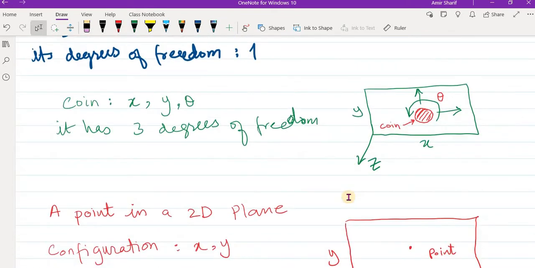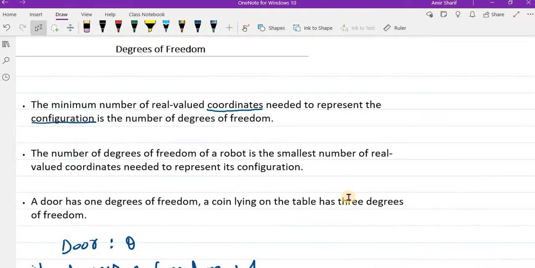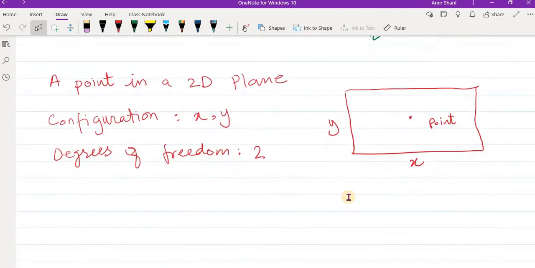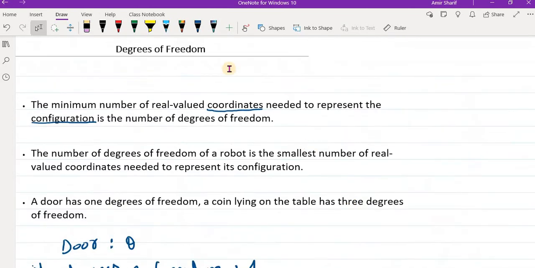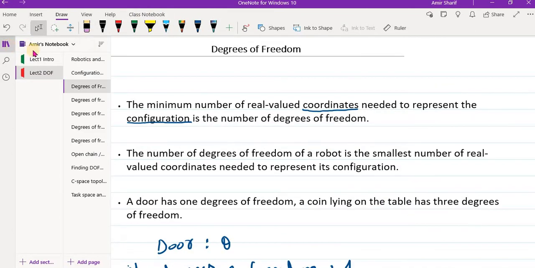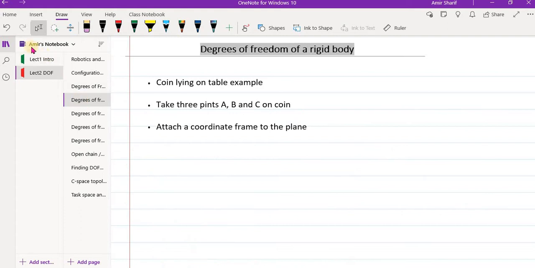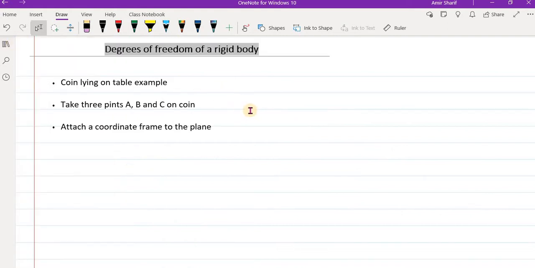So yeah, I hope this is clear. What are the degrees of freedom and how we can calculate it. In the next slides it will become more clear how we can calculate the degrees of freedom of more complex objects, for example robots or 3D objects.